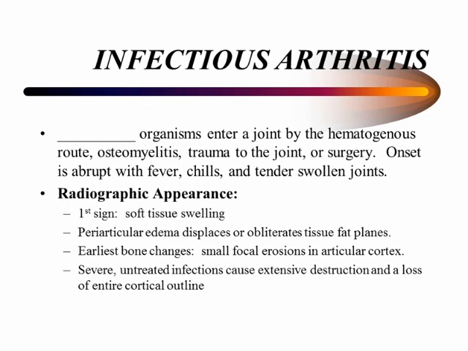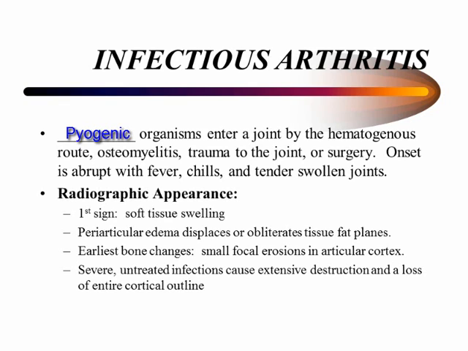Infectious arthritis is one in which pyogenic organisms enter a joint by the hematogenous route, osteomyelitis, trauma to the joint, or surgery. Onset is abrupt with fever, chills, and tender swollen joints. Now, radiographic findings are important to note here.